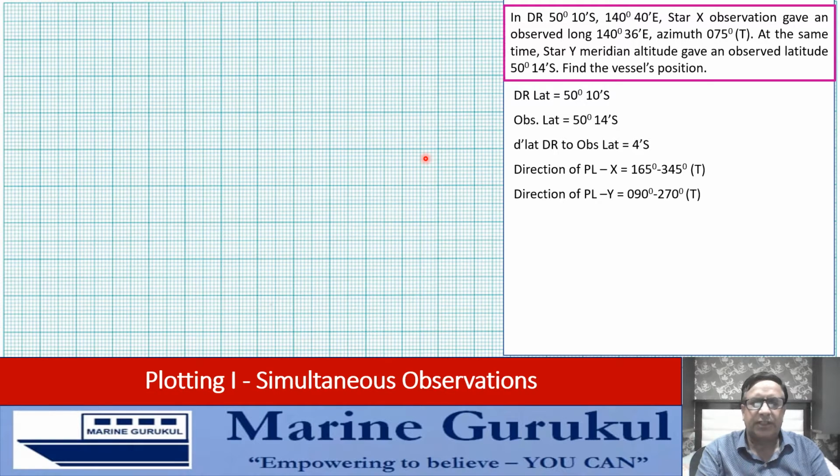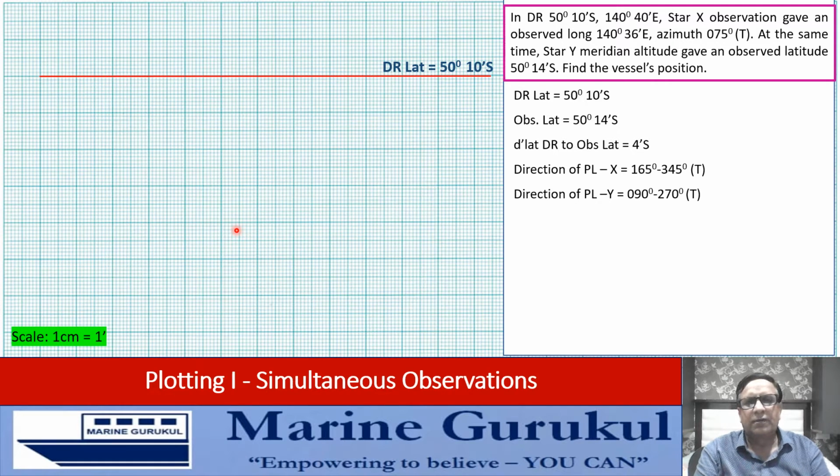Now we come on this side. We have this DR latitude, the parallel coming out here. Then we decide on the scale that we would like to use. So we'll use, as far as the graph in the background is concerned, one big box as 1 centimeter. If without graph, we can take 1 centimeter as 1 minute.